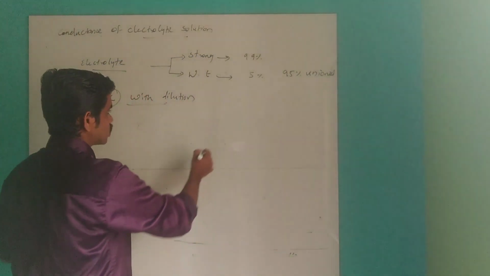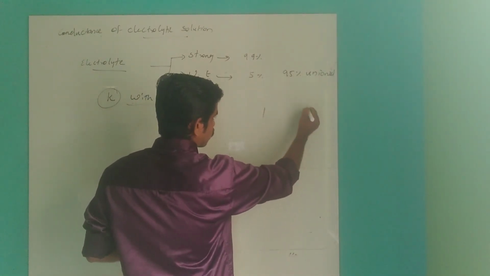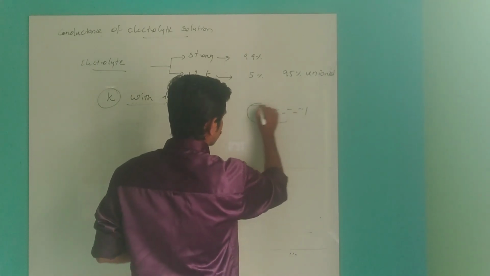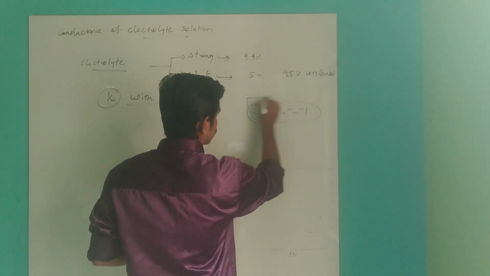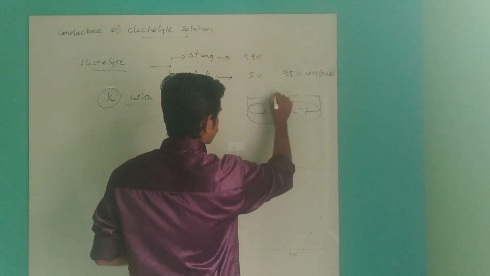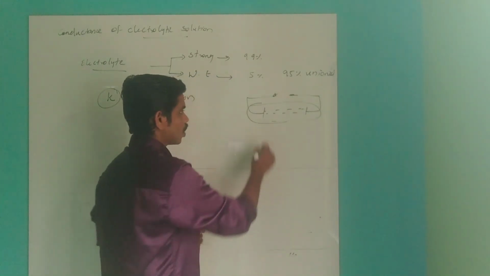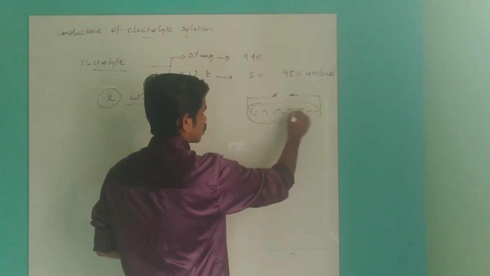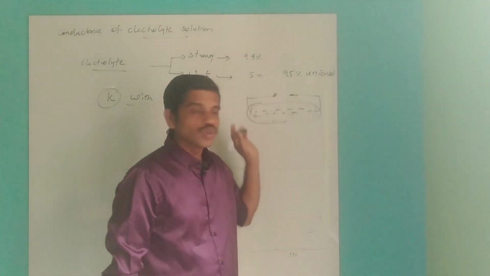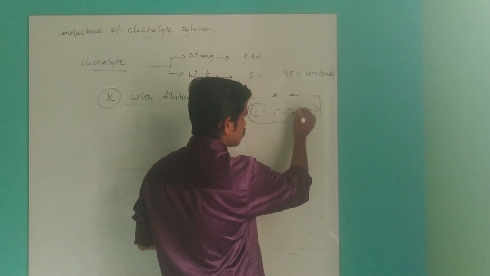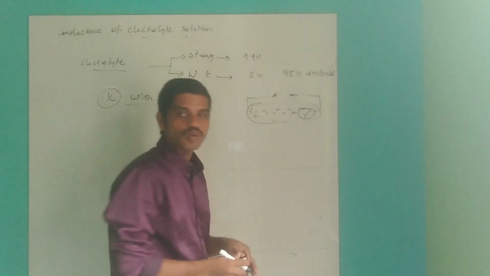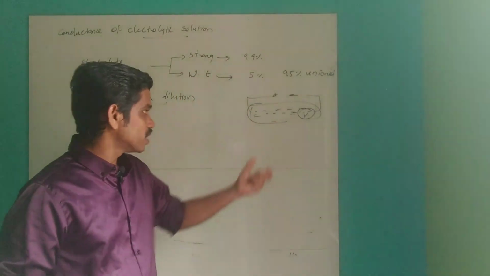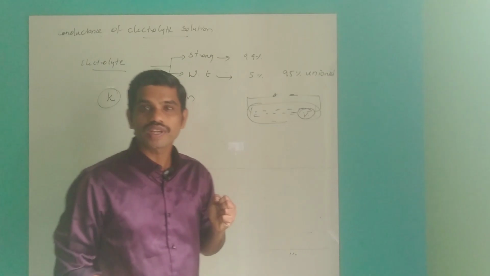Suppose you have taken one solution. In 1 cubic centimeter of volume, how much conductance is produced by that electrolyte? It is called conductivity.